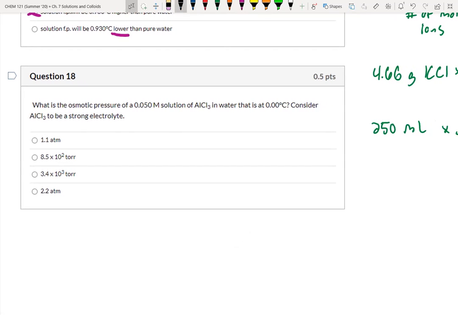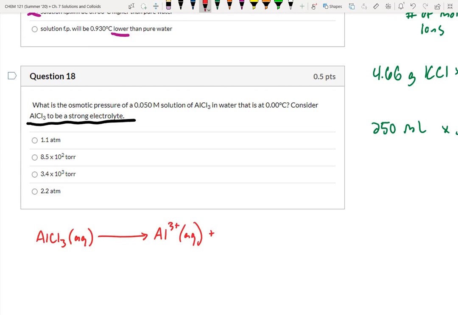So osmotic pressure of the solution at 0 degrees C, and it says that AlCl3 is a strong electrolyte. Okay, so let's go ahead and think about this. If we put AlCl3 into solution, if it's a strong electrolyte, that means that it must break apart. So we're going to get aluminum, which in this case is going to be 3+.